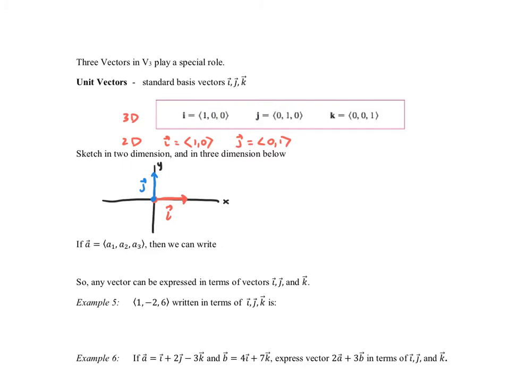If you're in space, let's see if I can draw this to make it look all right. So we have, let's do x and y and z. And so our unit vector i would be here, and our unit vector j would be here, and then our unit vector k would be there.